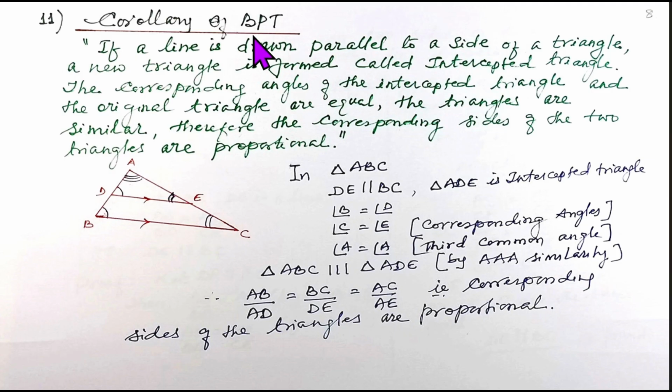So this is the corollary of BPT. Please remember this. The corollary of BPT is a very, very important basic for us to remember, and very useful in solving examples related to similarity of triangles. Please remember this.